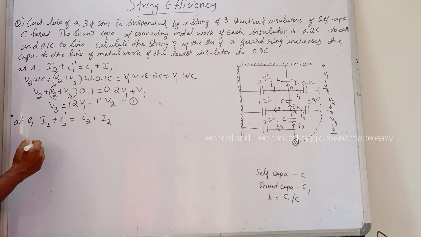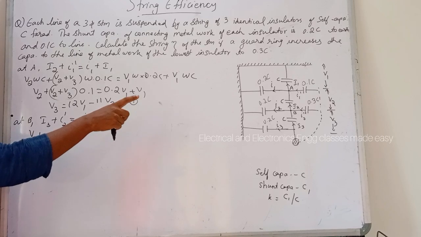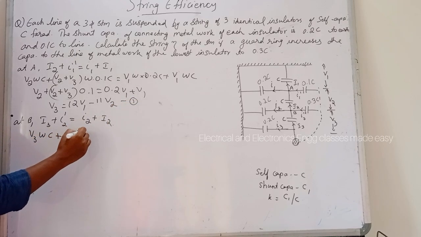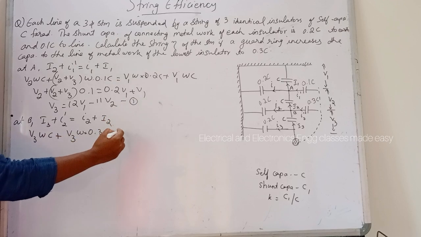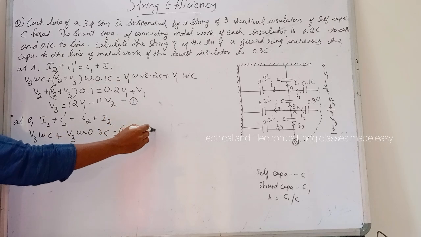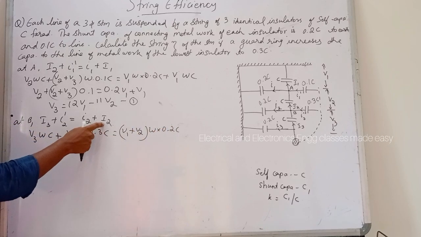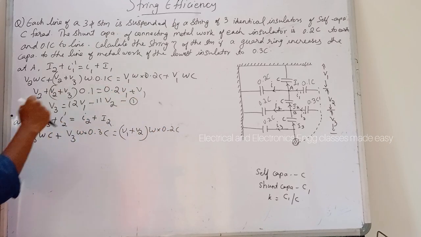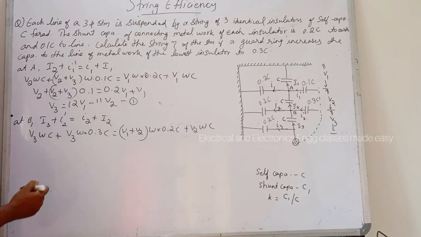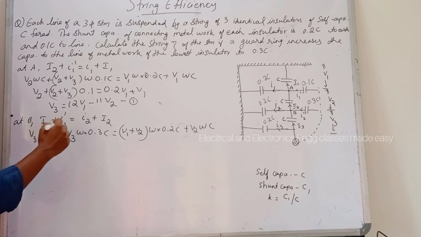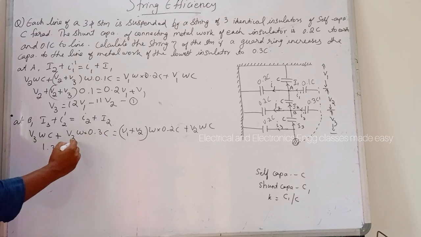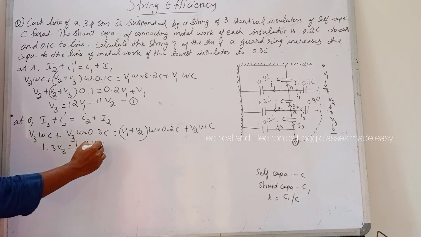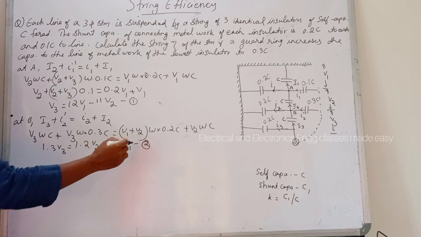So I3 is V3 into omega C, plus I2 dash is V3 into omega into 0.3 C, equal to small I2, which is V1 plus V2 into omega into 0.2 C, plus capital I2, which is V2 omega C. Now omega C we can cancel, and after rearranging we will get 1.3 V3 is equal to 1.2 V2 plus 0.2 V1. So this is equation 2.